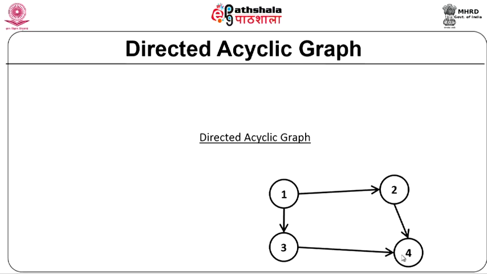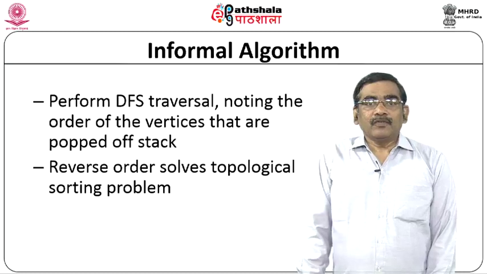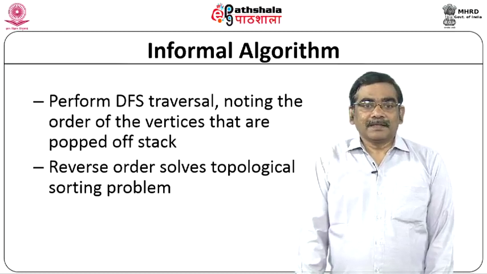Any graph where a cycle is not present is called a directed acyclic graph. In other words, it is called a DAG. So, DAGs are going to be the input for the topological sort. The informal algorithm is like this.